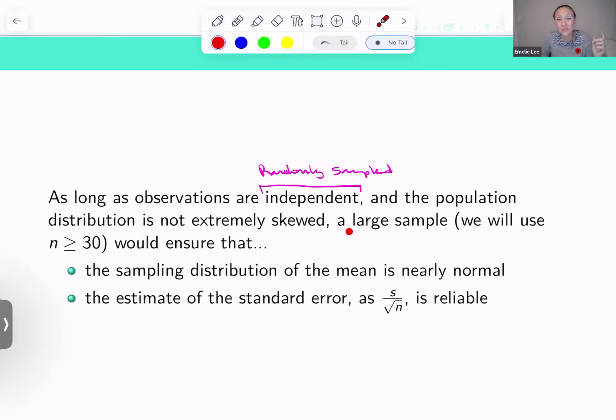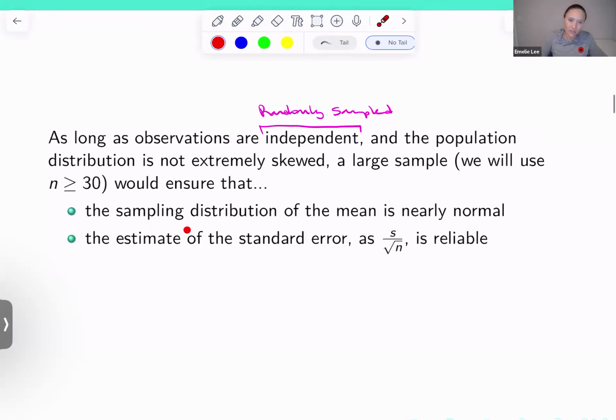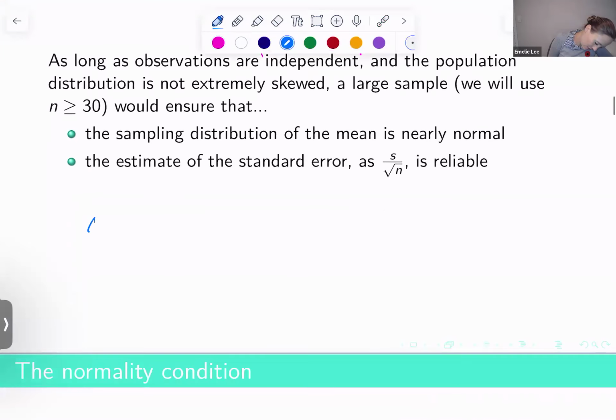I've seen as low as 15 sometimes, which is a little bit low for me, so we're going to use any sample size bigger than 30, which means the sampling distribution is going to be nearly normal, or approximately normal. What that also means is that the standard error, s over root n, is reasonably reliable.